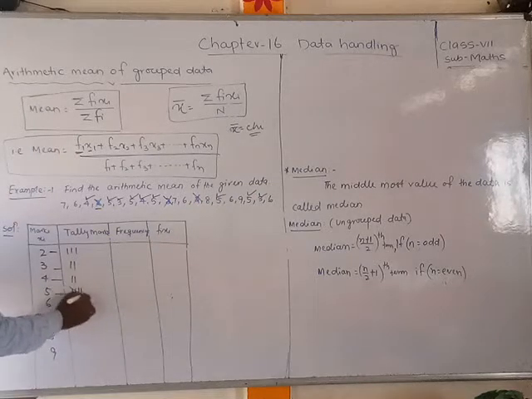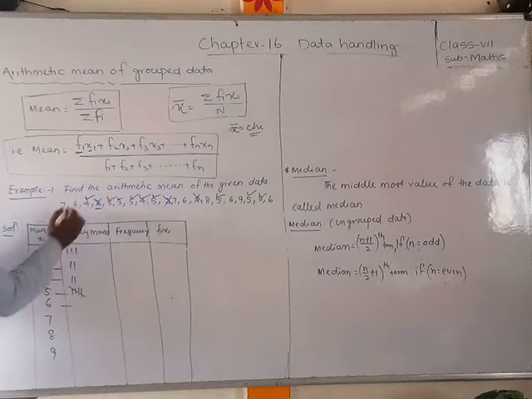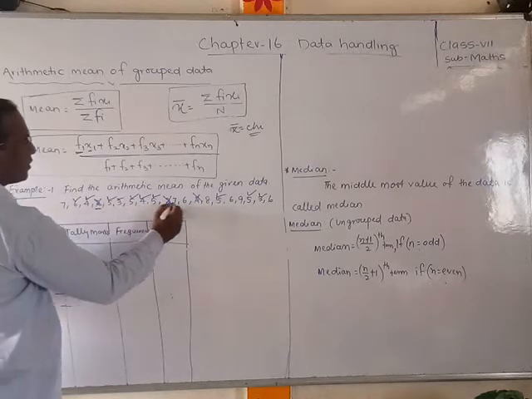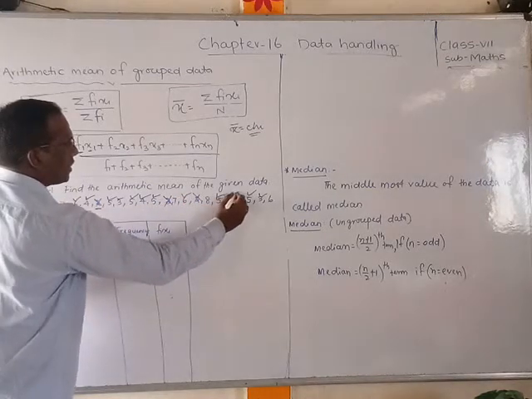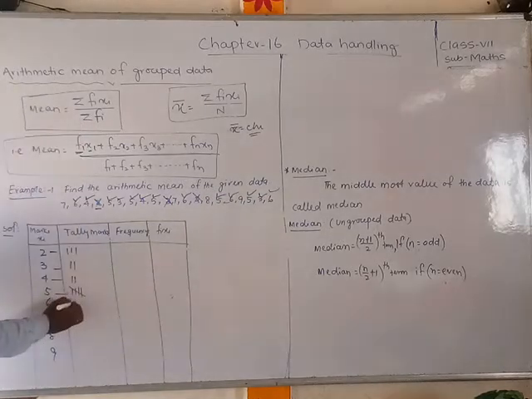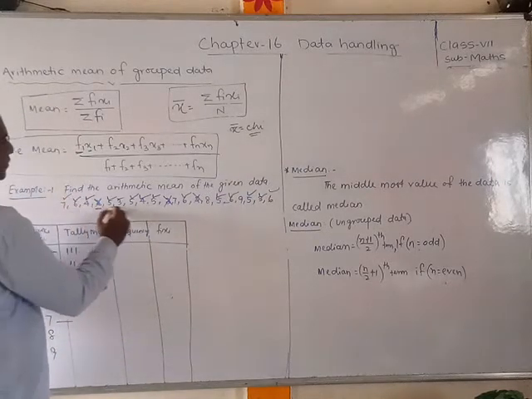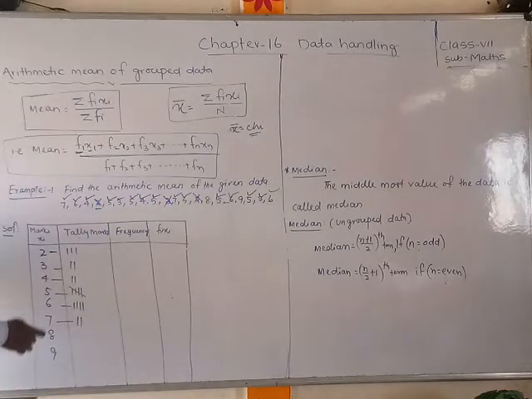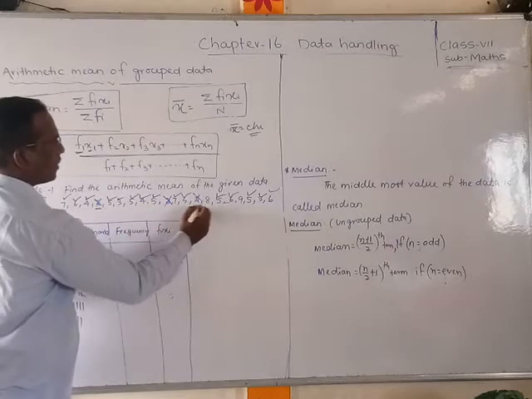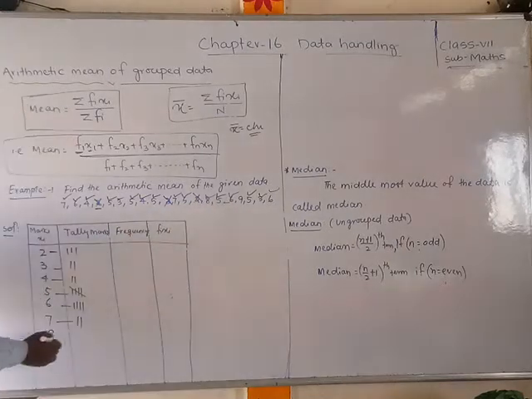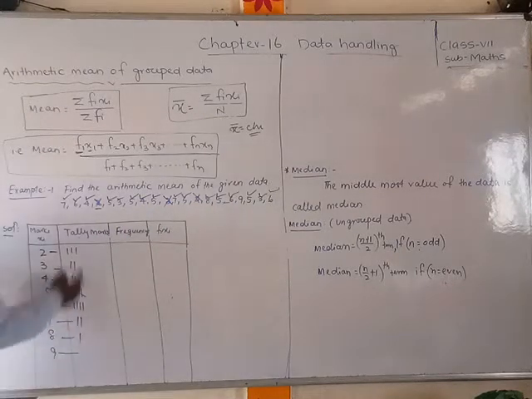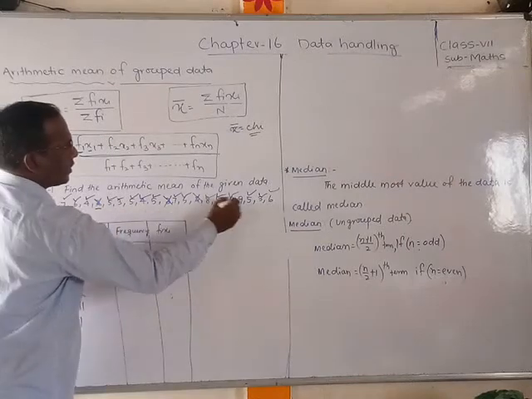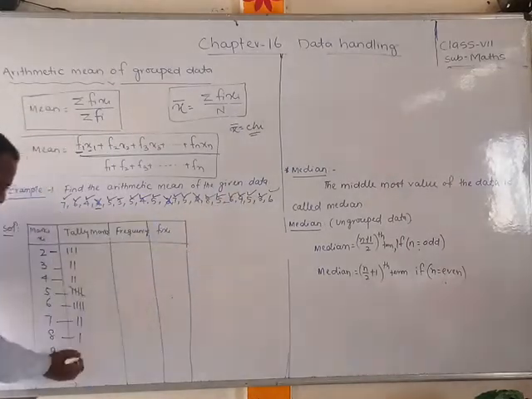Now 6, how many times? 1, 2, 3 and 4, so we write 4 times. 7, how many times? 1, 2, only 2 times. Next 8, how many times? 1 time. And 9 also 1 time. So I have written 1 time.